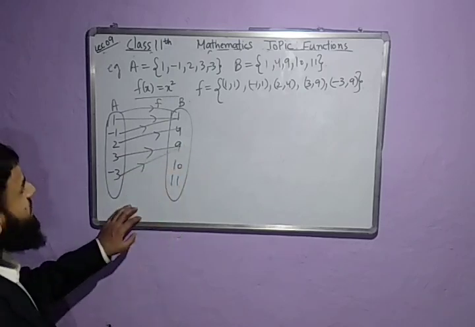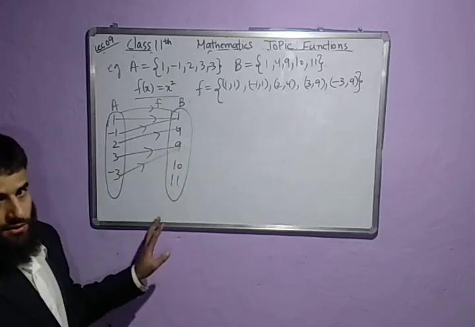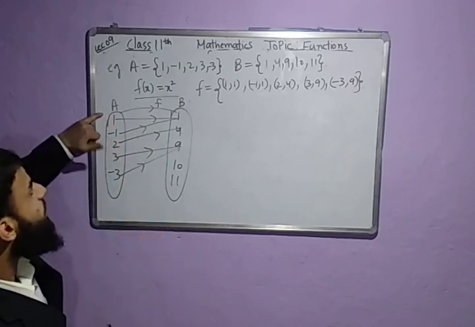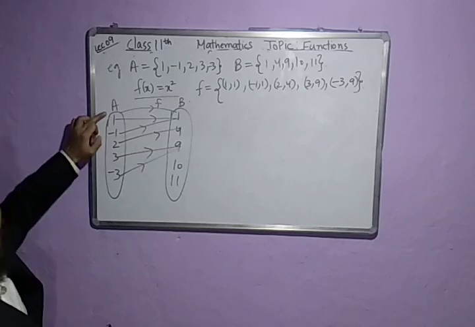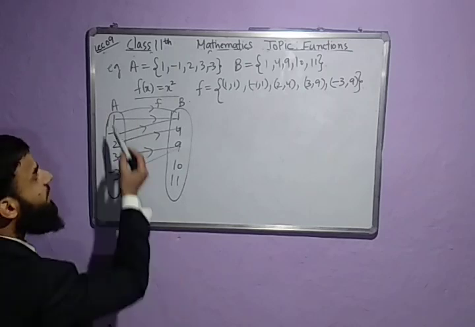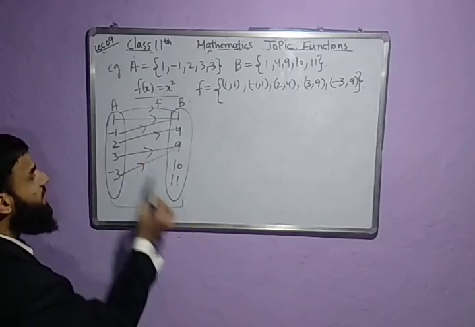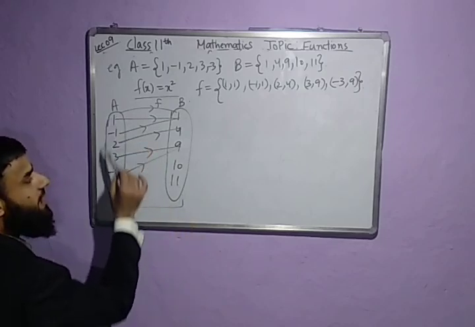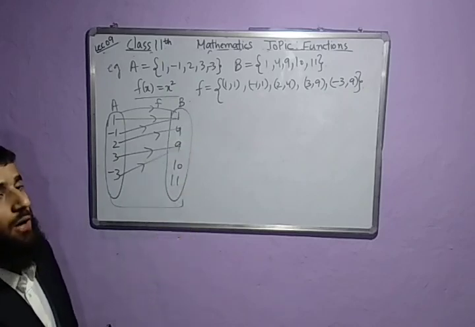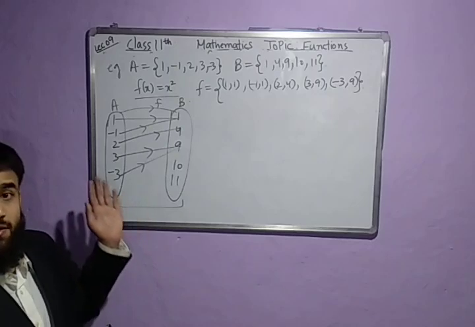Now let us check the two conditions that I discussed earlier. The first and foremost condition is that each and every element of A should have some image in B. It's clear from the arrow diagram that each and every element of A is related to elements of set B.